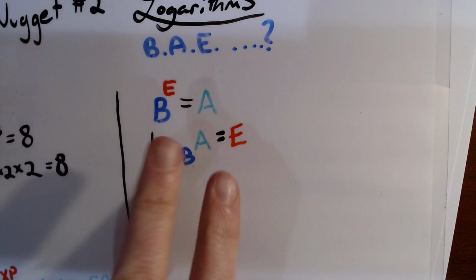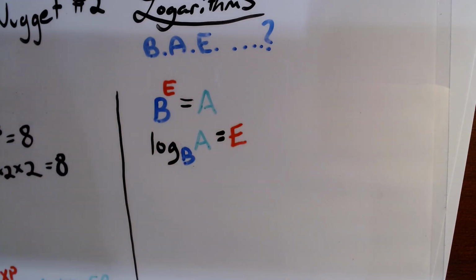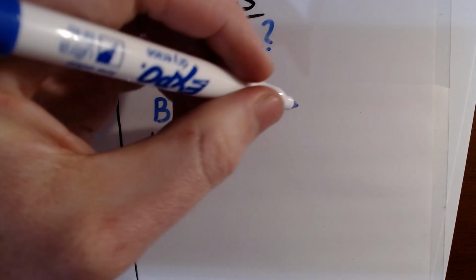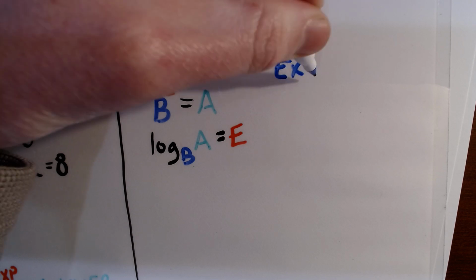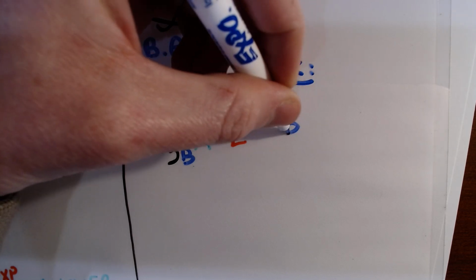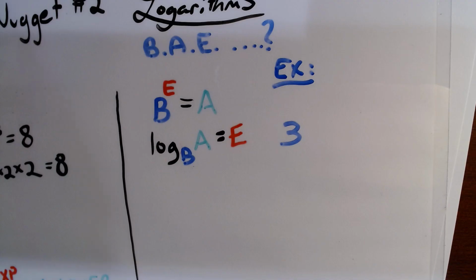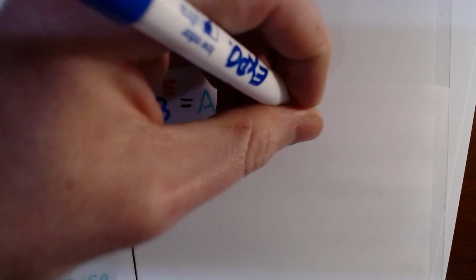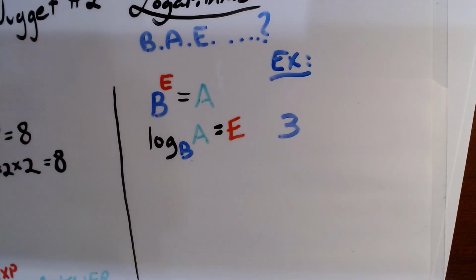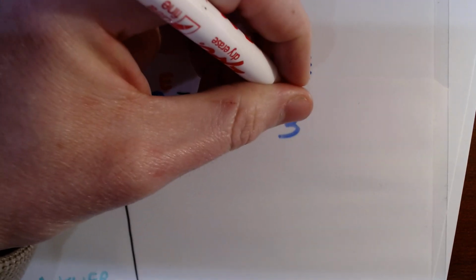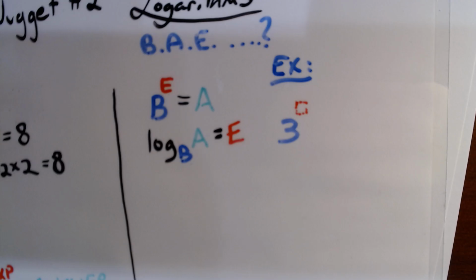All these same ingredients are still present that we had in our exponent section, okay? So we're going to take a practical example here. Let's say we have a base of 3, and there was some number, whatever that is, right there, mystery number.